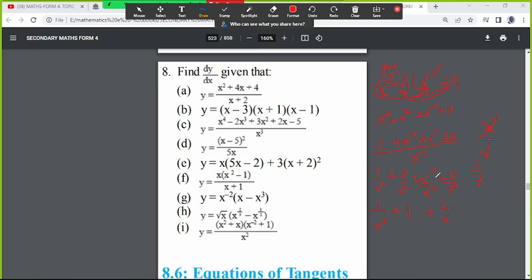Then this one goes to the denominator, it meets the other two there. So it becomes x to the power of 3 plus x will cancel with x, will remain with 1 over x.